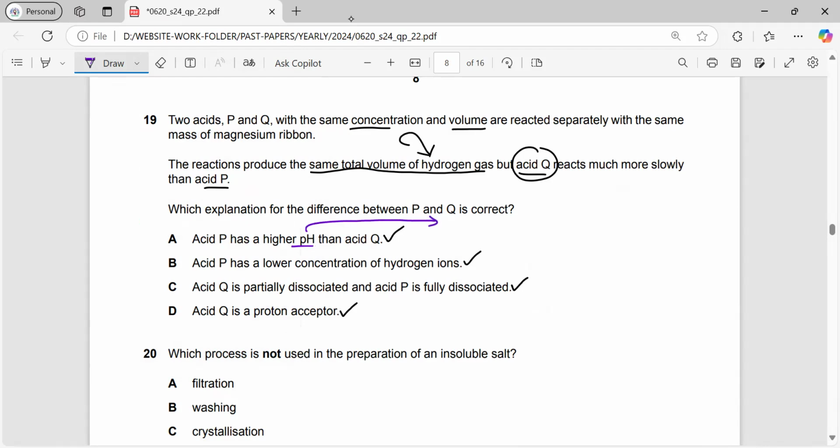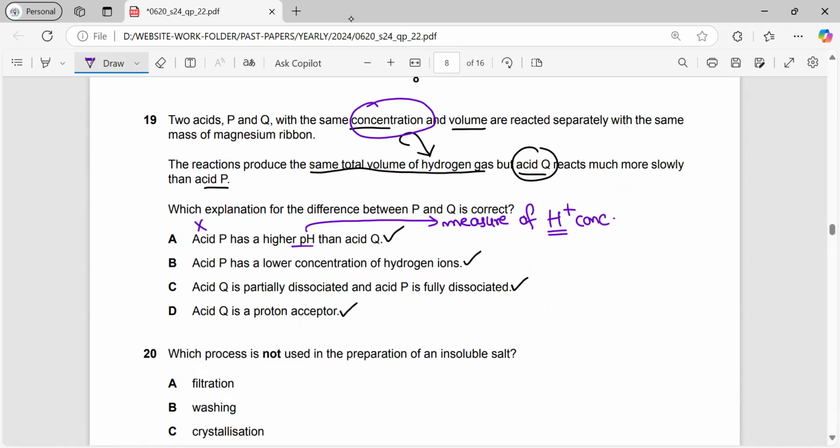Now, pH is the measure of hydrogen ion concentration. If pH is a measure of hydrogen ion concentration, they are saying that they have the same concentration. So it means this one is not correct.